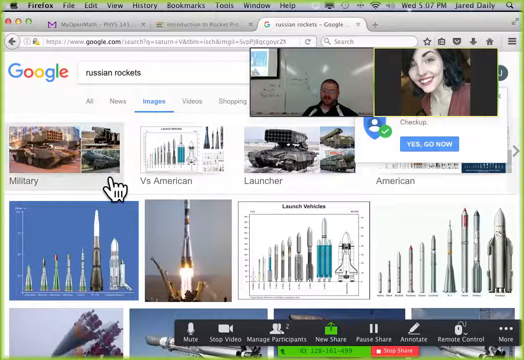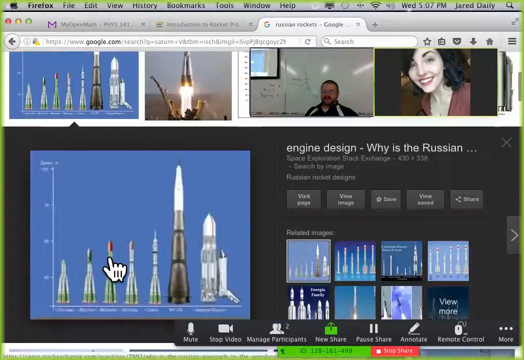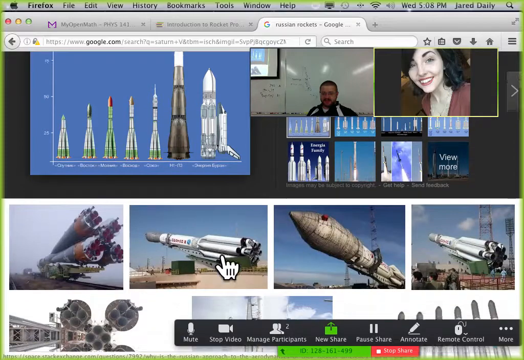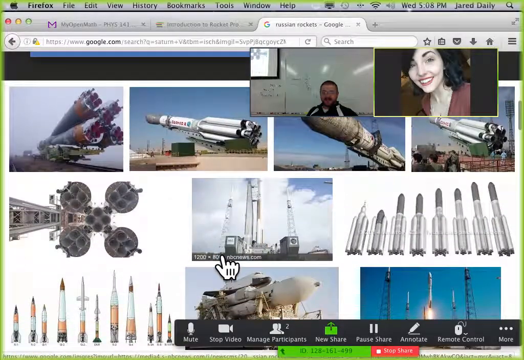The really interesting thing, though, is that they were both designed by Germans, not by Russians. But the Russian rockets all had this kind of triangular shape and had multiple rockets down here instead of just one big cylinder. It was just a very interesting difference in design.